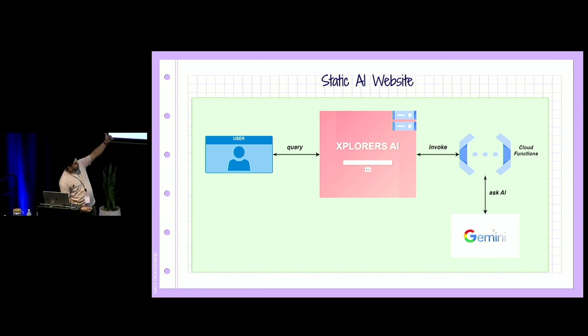If I invoked Gemini directly from the website, I would have to put the key for the Gemini service into the HTML page, which I initially did, and then I realized this is a security risk. I don't want that key to be shown to every other user that visits the website, because you can turn on developer tools and clearly see that the key is being passed in, right? That's the sole reason I wanted to avoid it, and that's why I've got this kind of middleware service in between that handles the interaction between the AI service and the user.